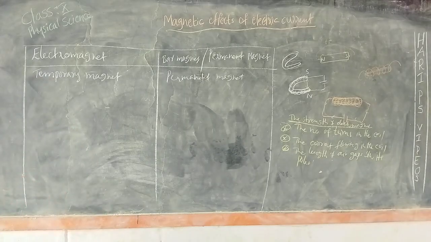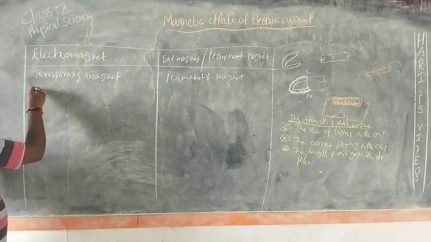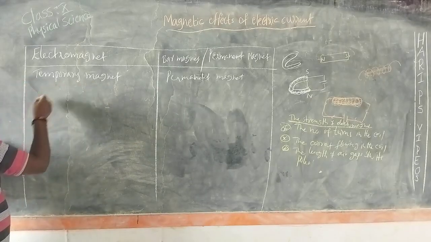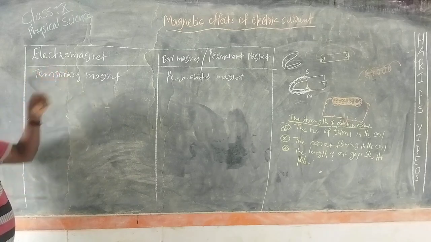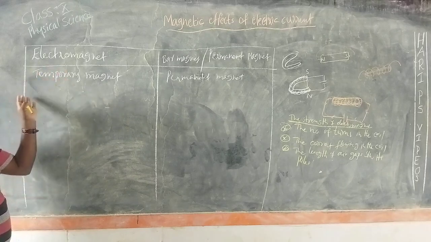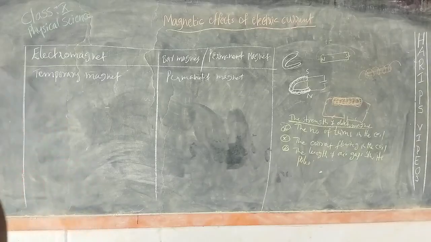The magnetism of an electromagnet is only for the duration of current passing through it. The magnetism of an electromagnet can be switched on or off as desired. Why is it a temporary magnet? We can make an electromagnet or temporary magnet by passing electric current.